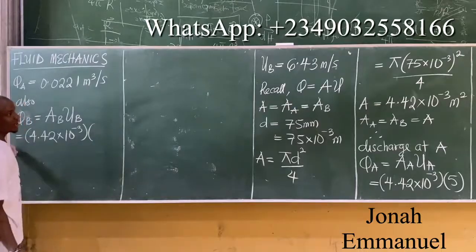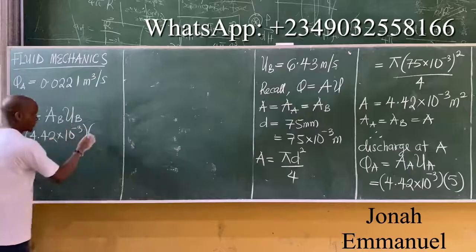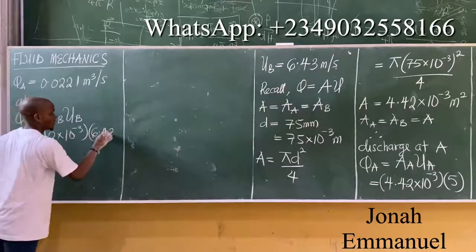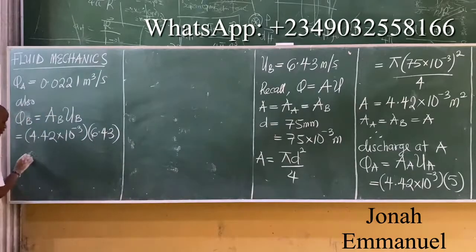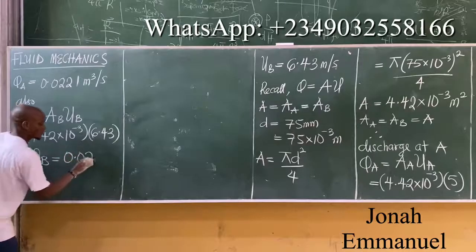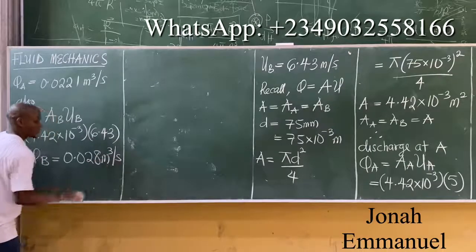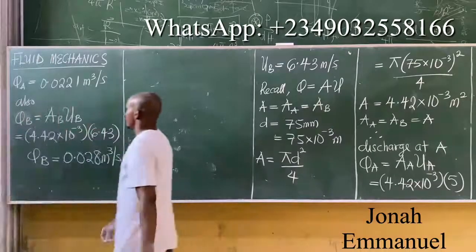Please recall UB. What do you have? 6.43. Okay, multiply. What's QB? 0.028 meter cube per second.